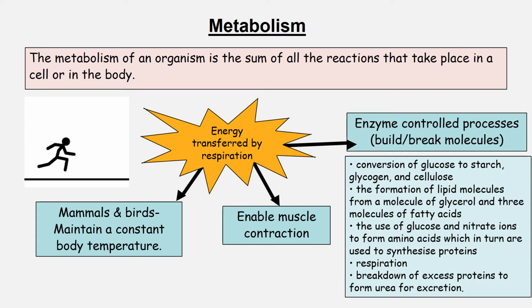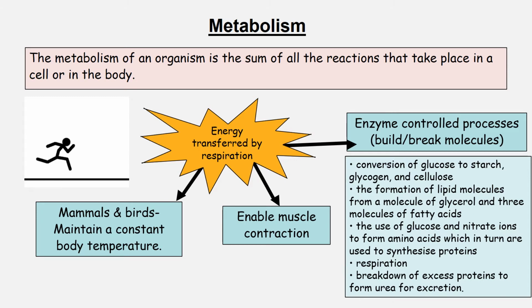But it's also involved in enzyme-controlled processes, so building up or breaking down molecules, because that requires energy. If we wanted to take glucose, for instance, and convert it into a storage molecule, in plants it would be starch. In animals it's glycogen, but also cellulose in plants for their cell walls.